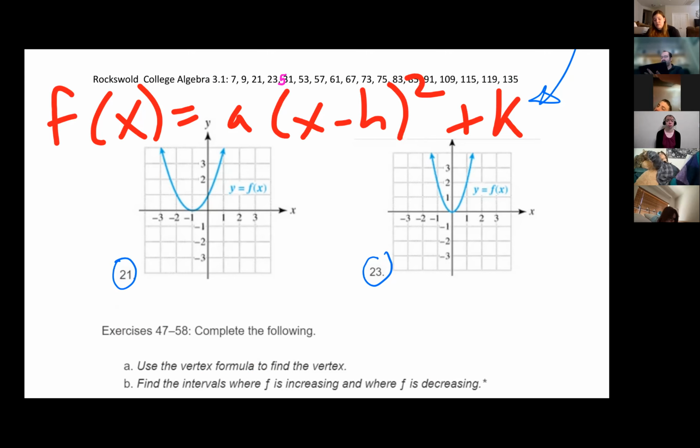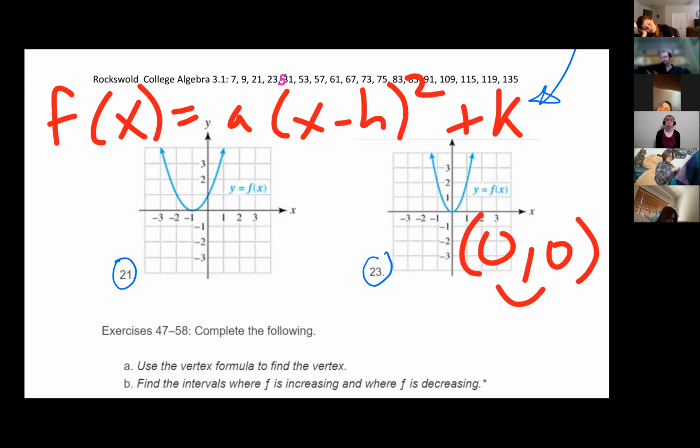So what are my h and k on 23? 0, 0. 0, 0 is the point. 0, 0 is my vertex.